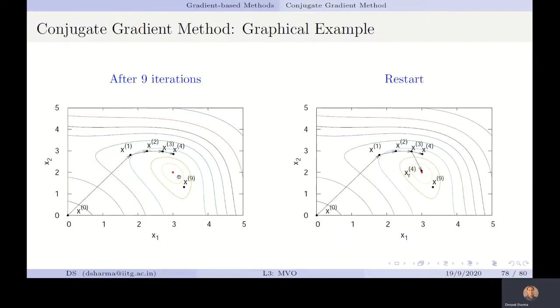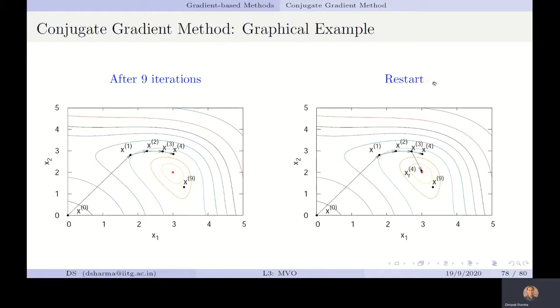As we know, if we perform the restart, we took the X3 point as our initial point. If we do the restart, you can see the restart point, which we have written as XR, and 4 we have given because we are starting from 3. You can see the point is already very close to the optimum solution.